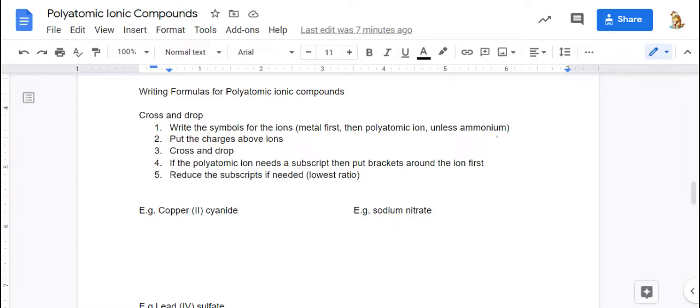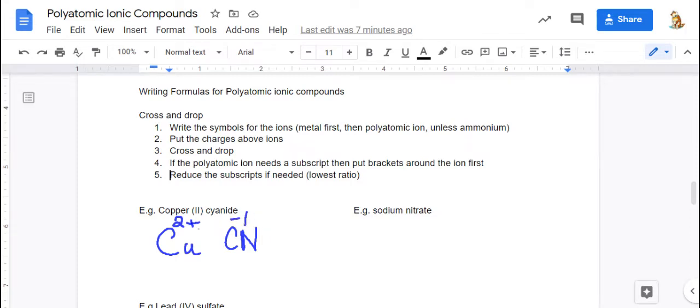So we'll do a couple of examples. Copper cyanide. So this is saying we have copper, and it has a charge of 2+, and cyanide is CN, and it has a charge of 1-.